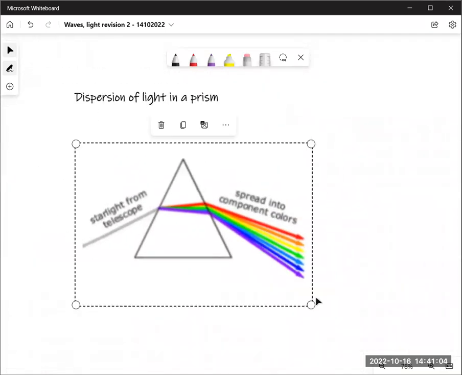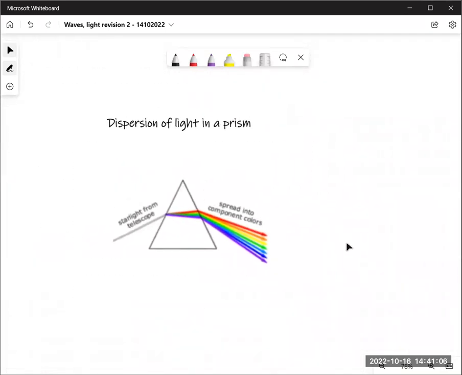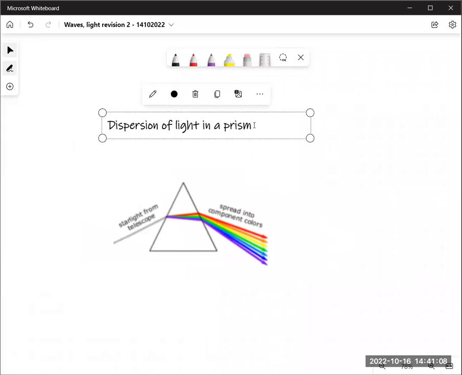All you need to memorize in this is that dispersion of light. Write this down. Write a few things down. Dispersion occurs in a prism due to refraction.